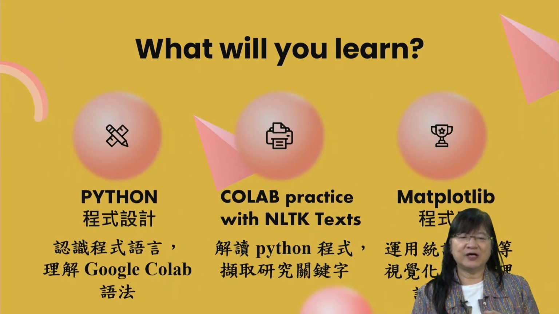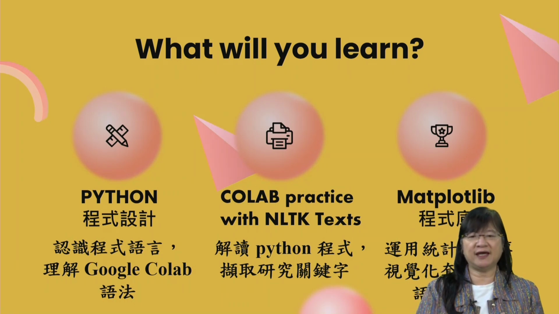Then for the Python language, we will use Google Colab to practice how to analyze language. You don't need to write Python. We just copy and rewrite it. So Colab practice with NLTK text.